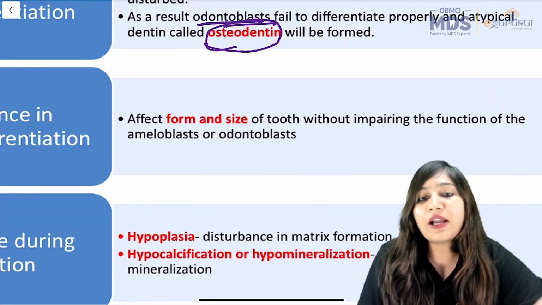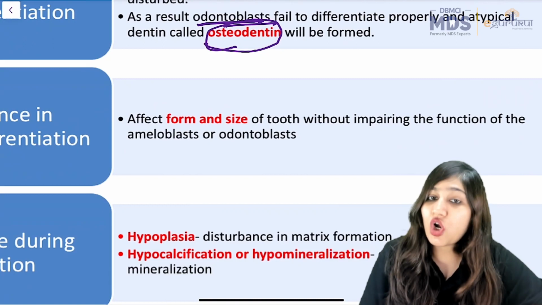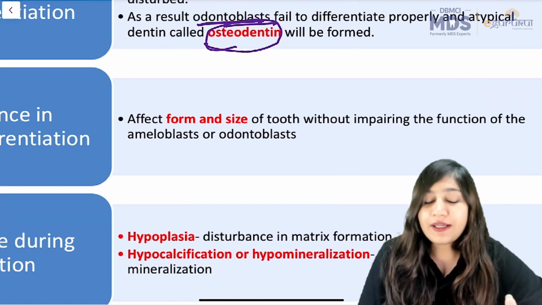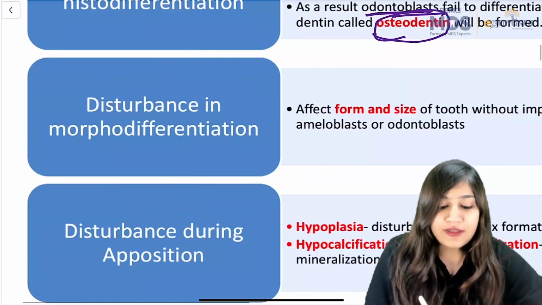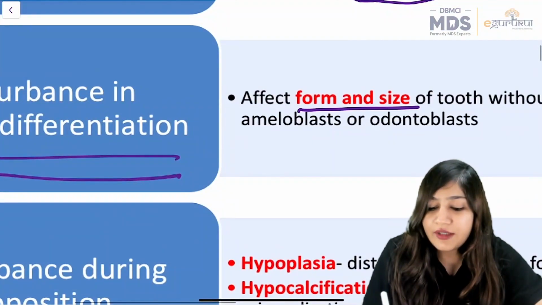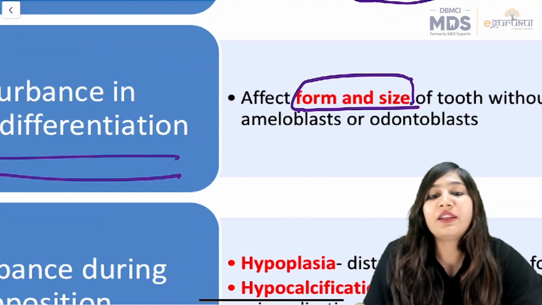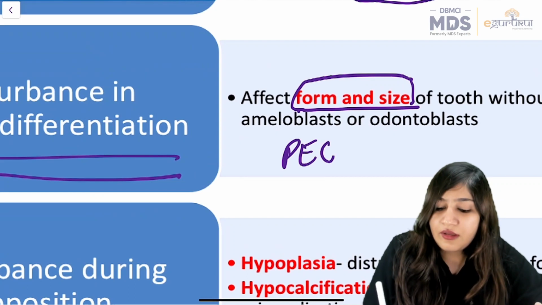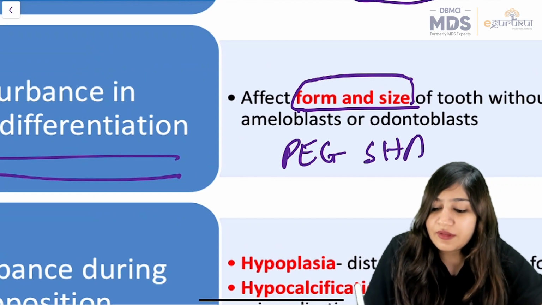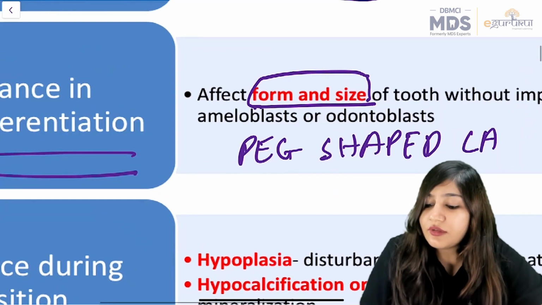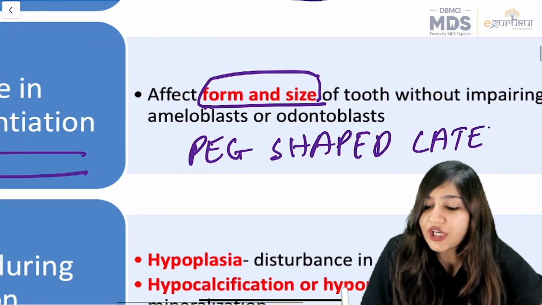It impairs the function of ameloblast as well as odontoblast, as a result of which atypical dentine was formed. But here, in case of morphodifferentiation, form and size of the tooth is affected. We can have peg-shaped laterals, screwdriver-shaped incisors.